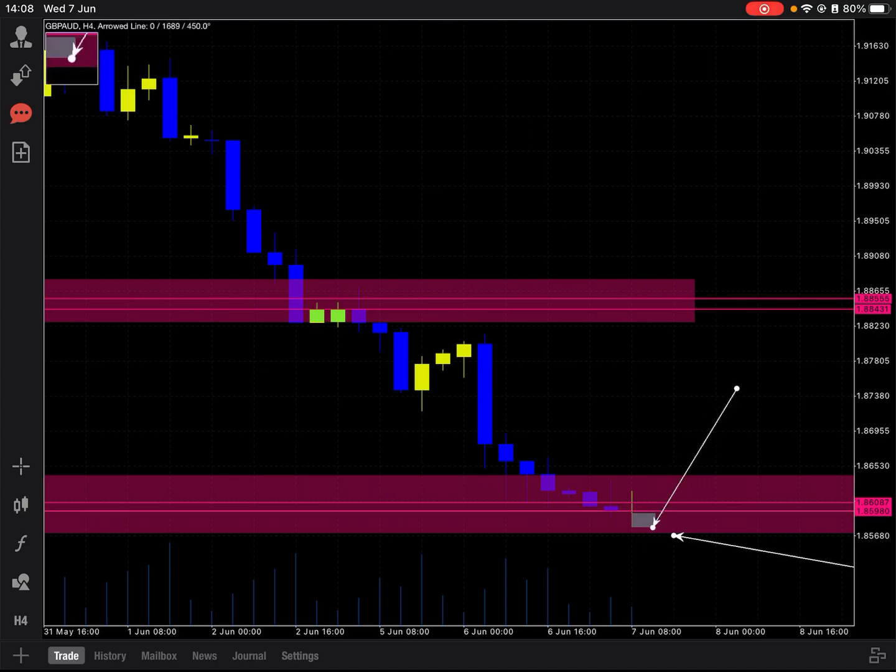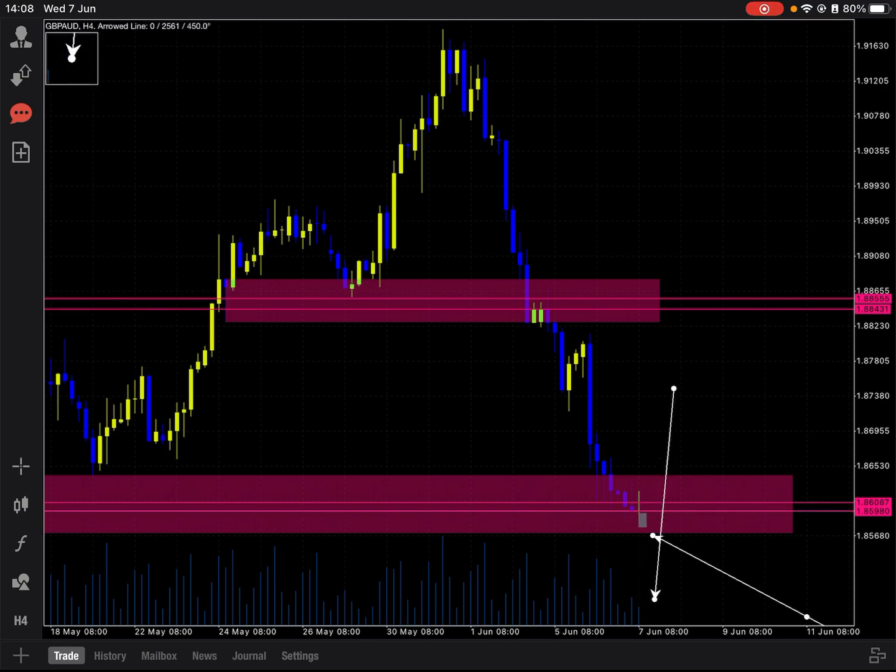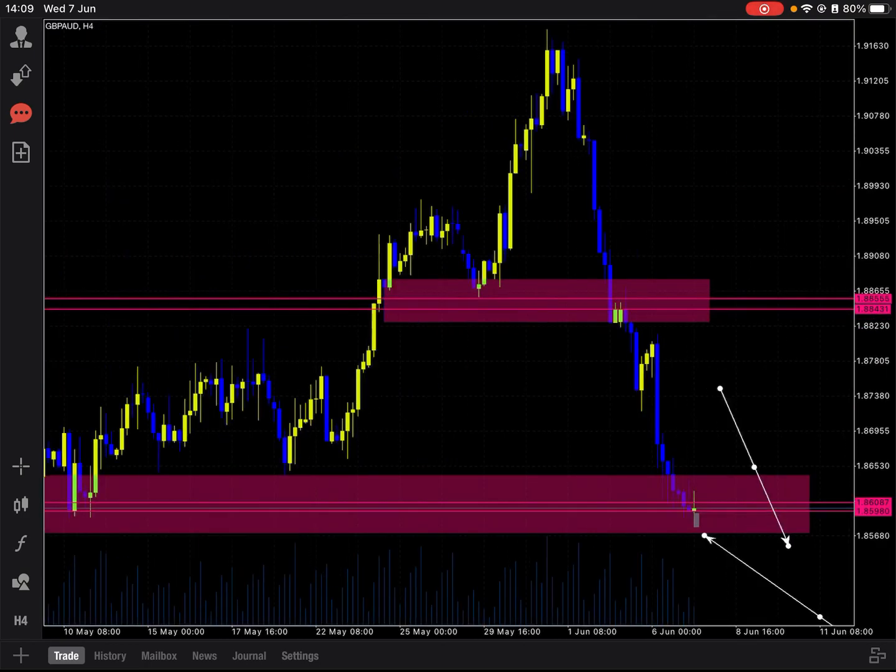Because if it does, this zone becomes a seller's zone, where the sellers took power and battled against the buyers and won. So if it breaks below, either you look for the next buy zone, or you wait for the price to retrace back up here to look for a sell opportunity instead. Okay, so that's for GA.